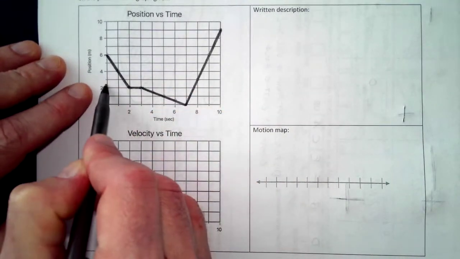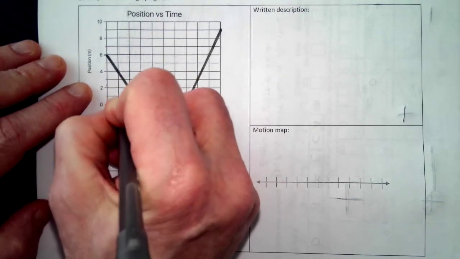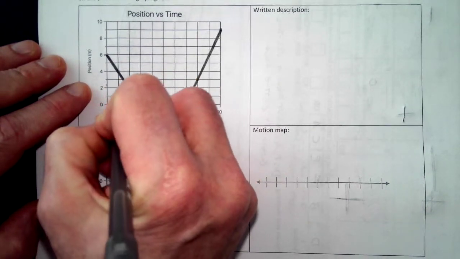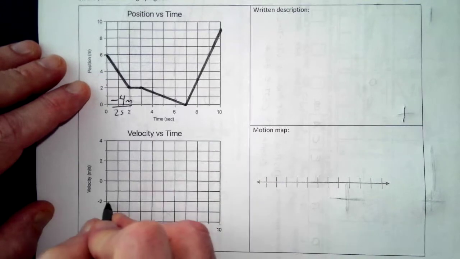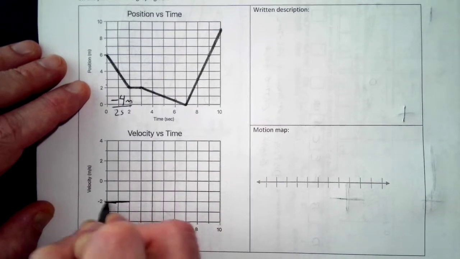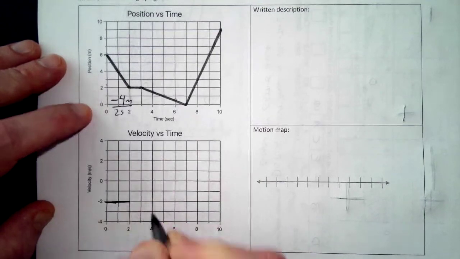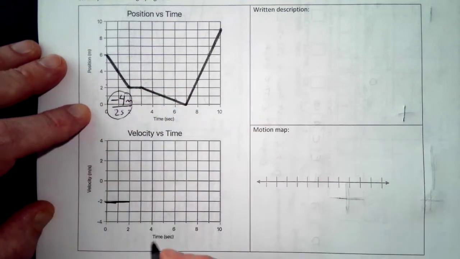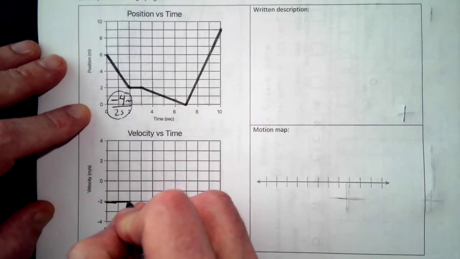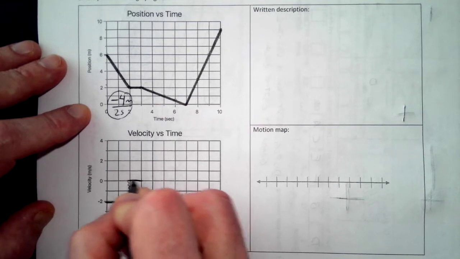I'm going from 6 to 2. That means I'm dropping 4 meters in 2 seconds. So that's a velocity of -2 meters per second. Here my velocity is 0. So I come up, I got a velocity of 0.